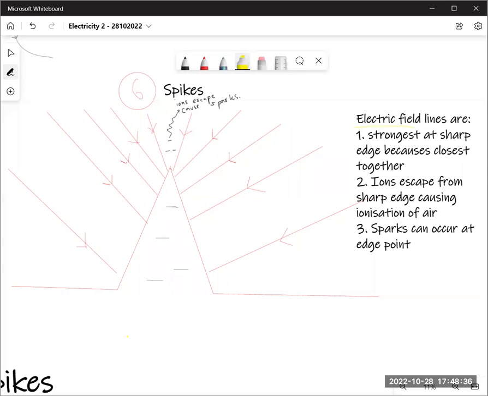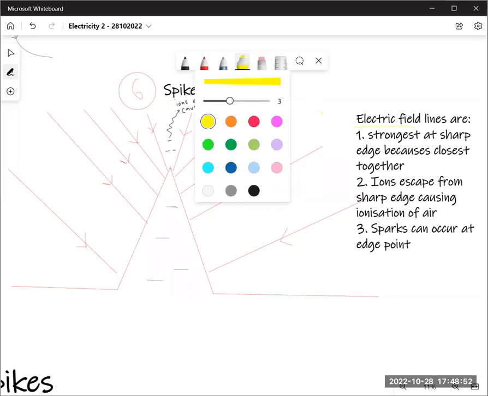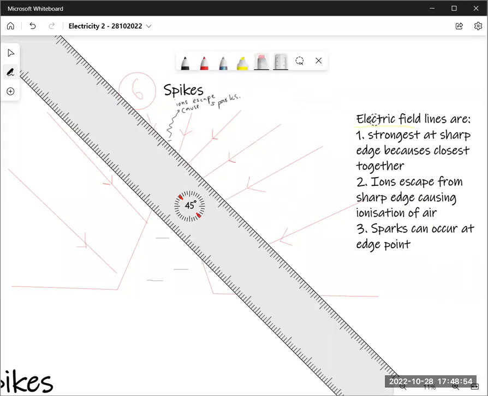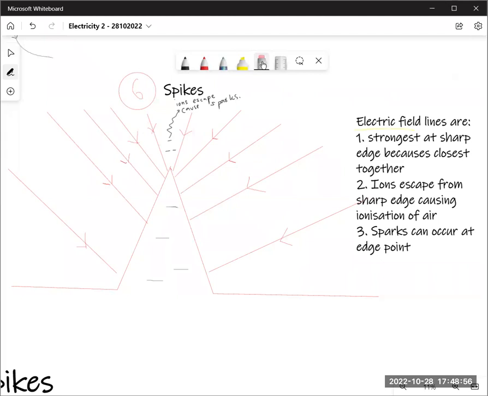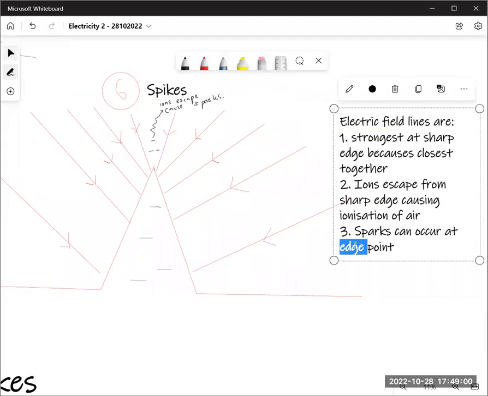Number 2, ions escape from sharp edge causing ionization of air. Number 3, sparks can occur at edge point. Not edge point, sorry. Change this to edge instead of edge point, right? Sharp edge.